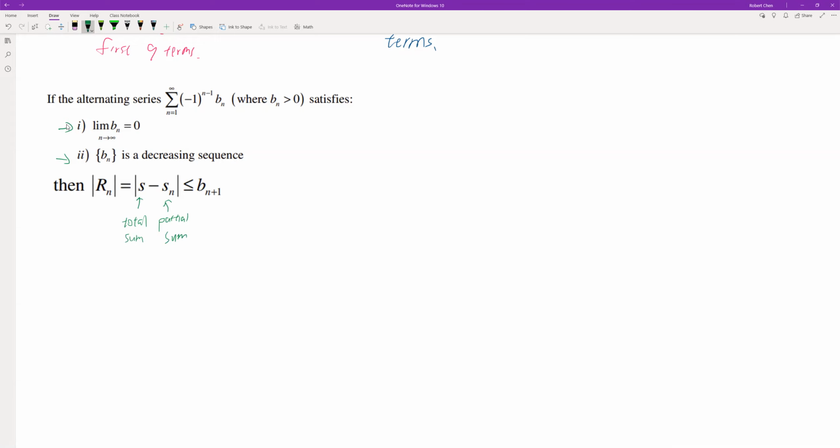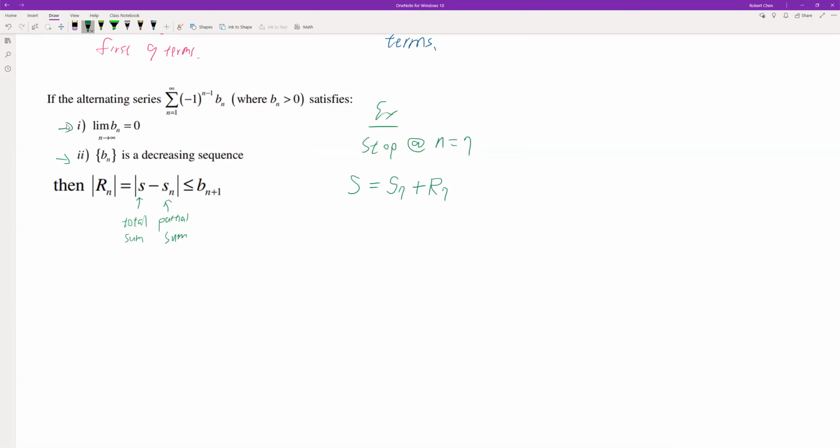Let's look at a quick example. Let's say we stop at n equal to 7, so we're just adding the first 7 terms. The total sum is equal to the partial sum of the first 7 terms plus the remainder of the 7 terms.